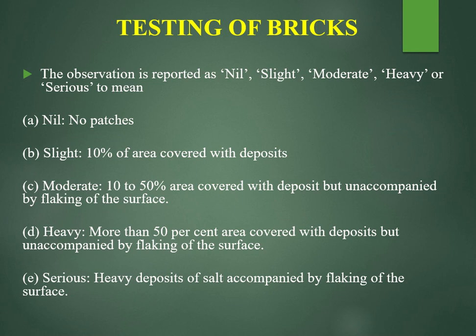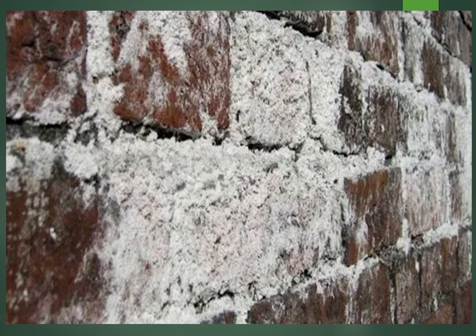And the last is serious efflorescence, which has a very heavy deposit of gray or white patches on the brick, accompanied by flaking of the surface, meaning the surface will start breaking down like flakes. You can see in this diagram a very heavy deposit of salts on the surface. This is called efflorescence, and this test is the efflorescence test.